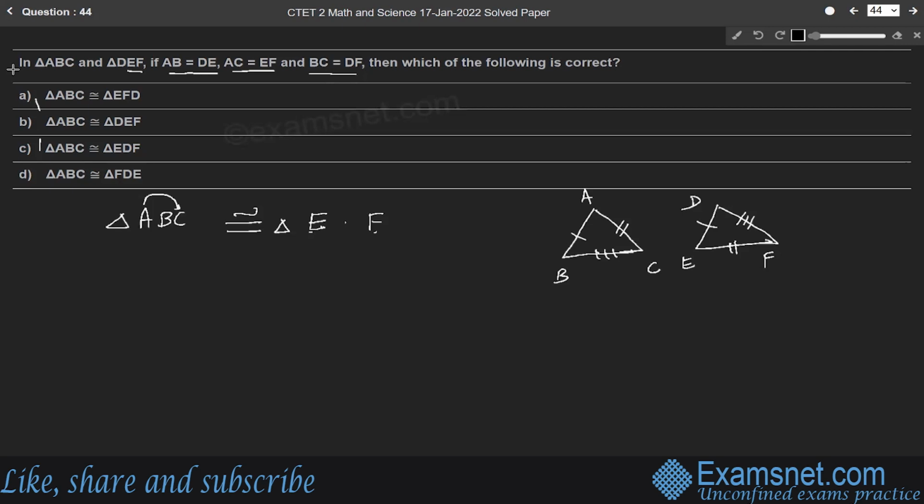AB, the first 2 letters, is equal to DE. DE and ED are the same, right? So one condition is satisfied here. And BC is equal to DF, which is correct. And AC is equal to EF, which is also correct. Therefore, triangle ABC is congruent to triangle EDF. Hence, option C is the right answer.